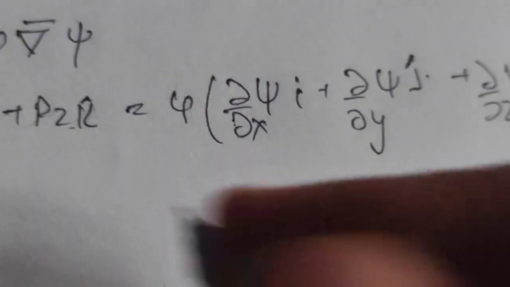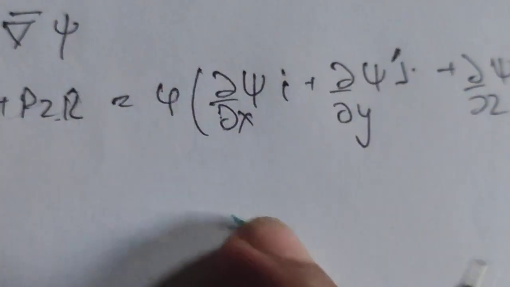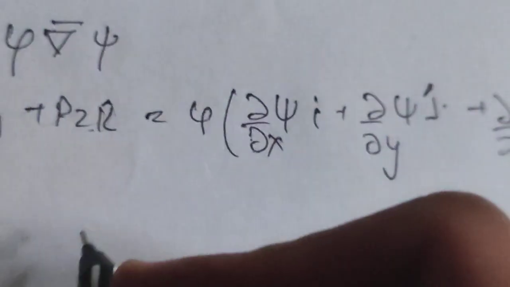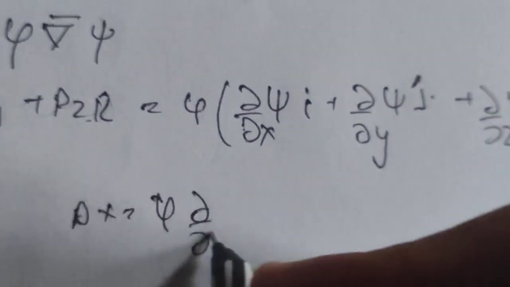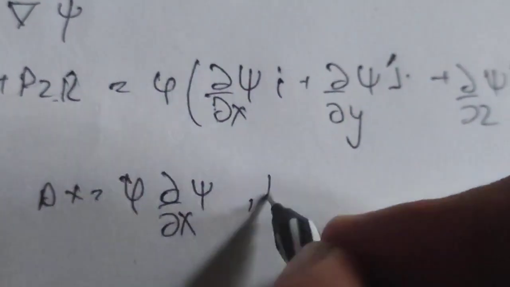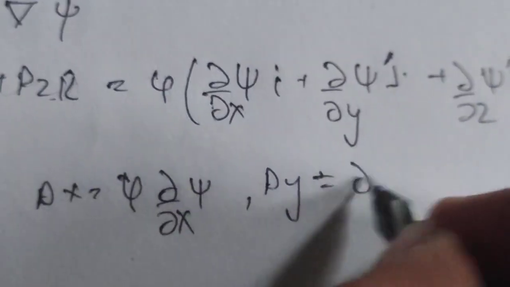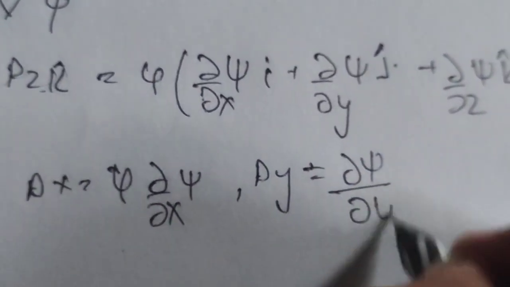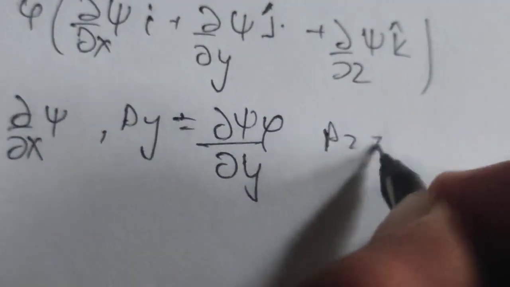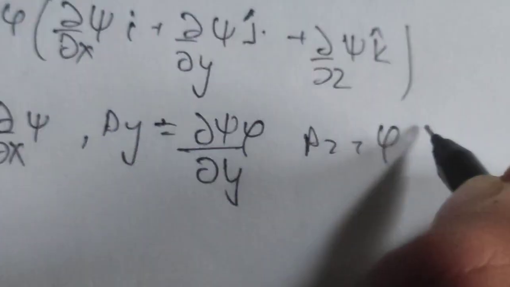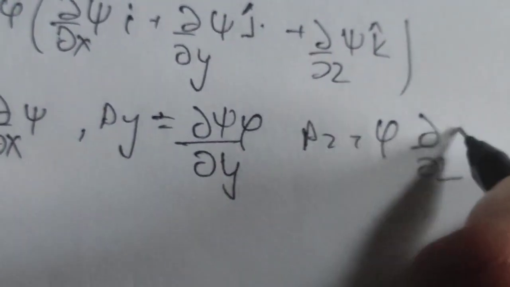For Ax it becomes phi del psi upon del x, for Ay phi del psi upon del y, and for Az phi del psi upon del z.